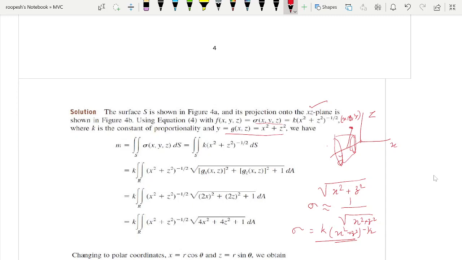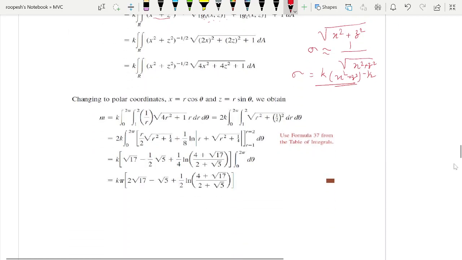Now m equal to double integral over S sigma x, y, z dS, that's equal to integral over S k into (x square plus z square) raised to minus 1 by 2 into dS. Using the formula, you will get y as h and square root of g_x, g_z square like this. So that will reduce this.